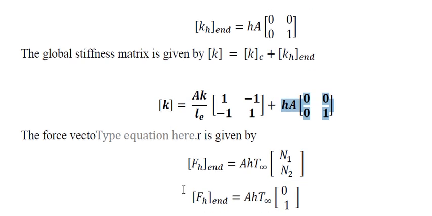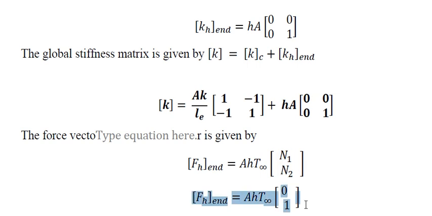Now what will be the force vector? Since the right end is having convection, the force vector is cross-sectional area into convective coefficient into surrounding temperature T infinity, into N1 N2. After applying the boundary condition, N1 is 0. We replace x by x2 after applying the boundary condition.